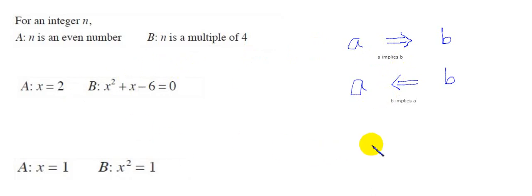Now there is a third condition. Let's say if statement A is true, then because of statement A, statement B is true, and if statement B is true, then because of statement B, A is also true. So they both imply each other.